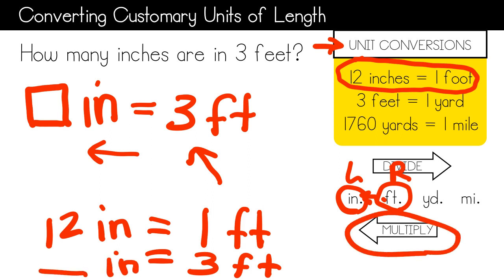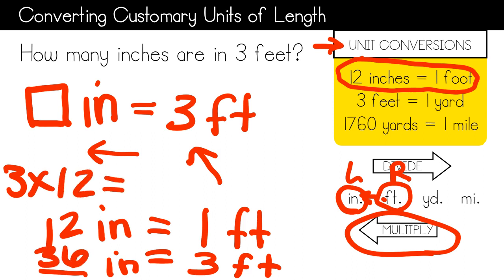Remember, we're multiplying. 3 times 12 equals 36 inches. Your answer would be 36 inches equal 3 feet. Now, this may look like a lot, but don't panic, because we're going to do a lot of practice with this.